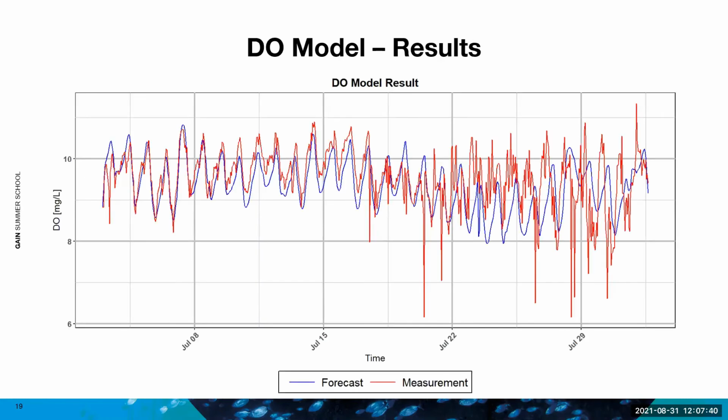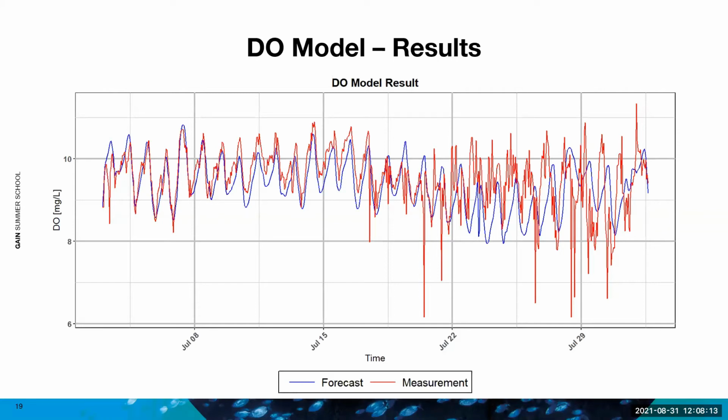In terms of results, this is a simple dissolved oxygen model. You have the forecast in blue and the measurements in red. We've got almost a 1 month period with hourly data. You can see that the model is quite good at forecasting the value in the output during the first half of the month.